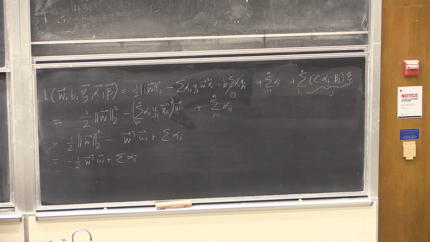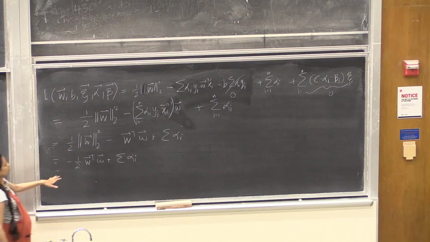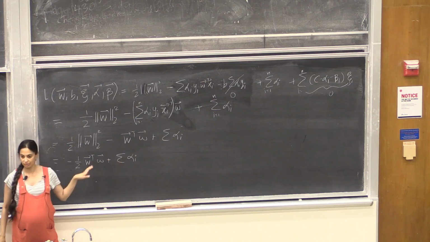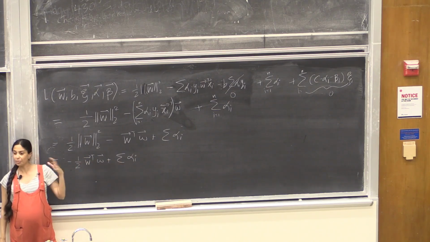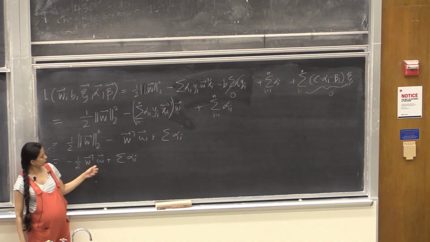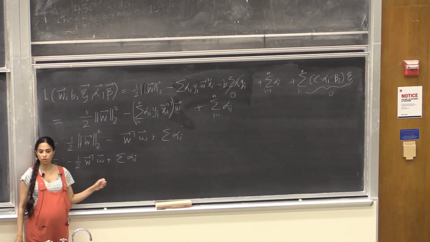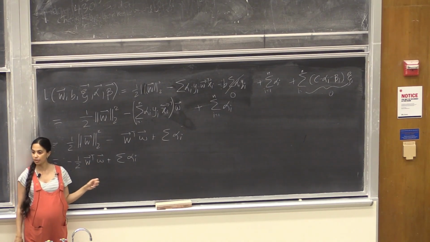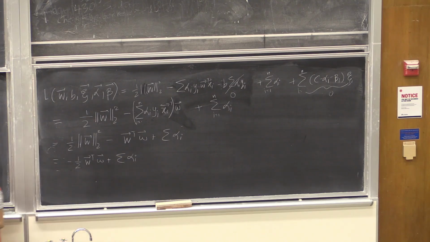So I got from something very complicated to something that's actually quite simple. The thing that's annoying about this is now I have the primal and the dual variables here, right? But remember, I want to find the dual. So is there a way I can write this entirely in terms of the dual variables? Well, I actually know W in terms of the dual variables, right?